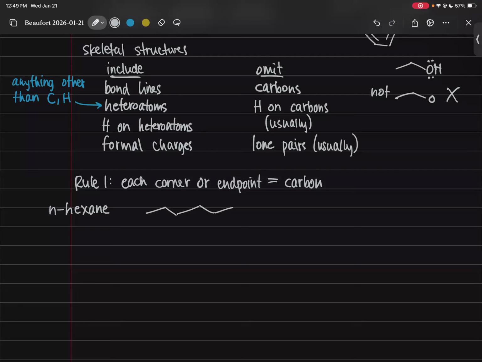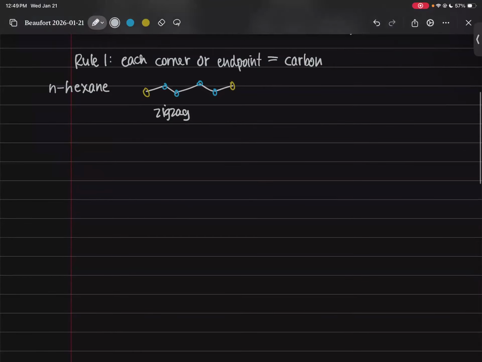In this case, the n just means normal, and so it's just a straight chain of carbon atoms. So we usually draw a zigzag, and then each corner or vertex is a carbon atom, and then every endpoint is also a carbon atom. Okay, I think we got that one.